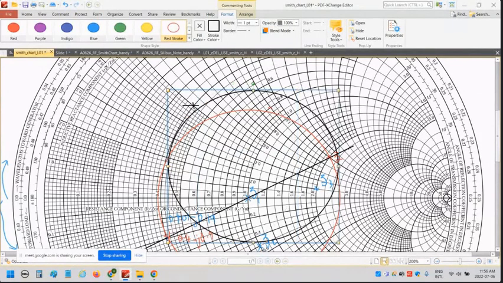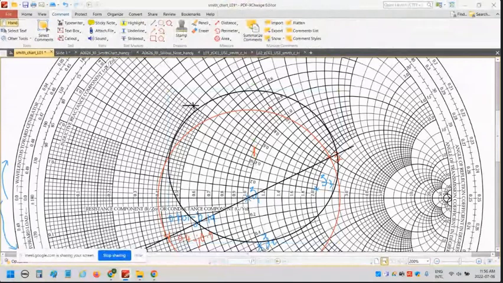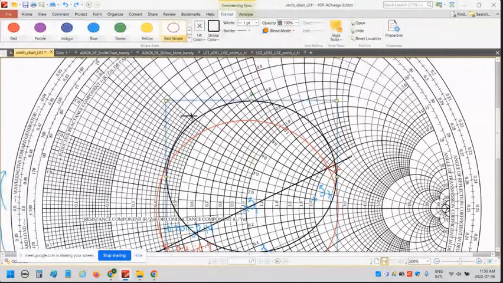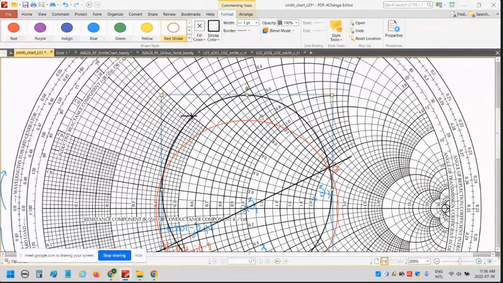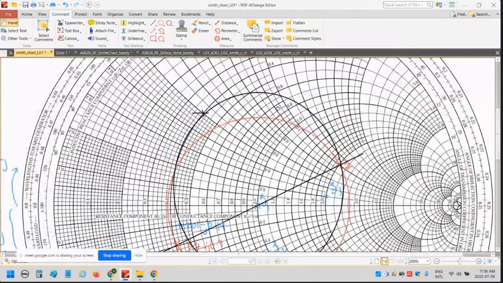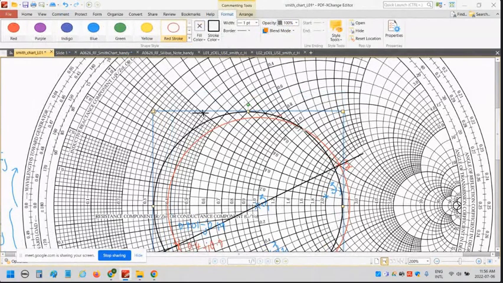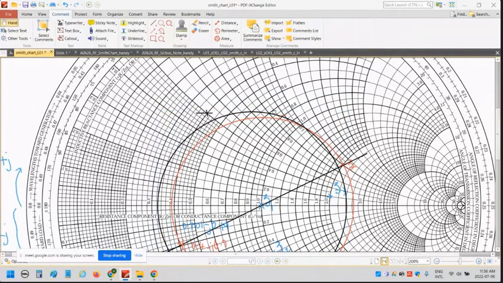I need to rearrange, because this cannot give me the circle, it just gives me an oval shape. But I can rearrange the shape as long as it looks like a circle.